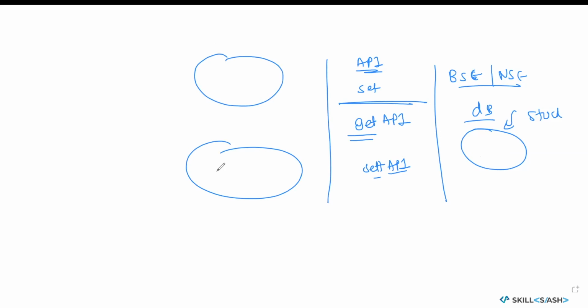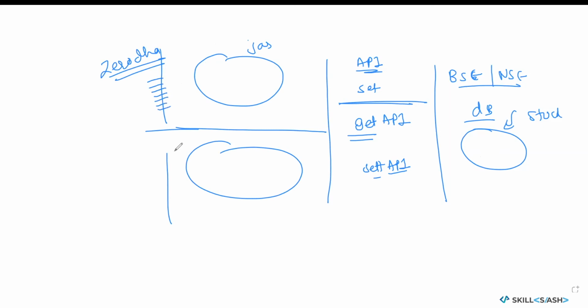So some methods you have given to your downstream, in the sense someone who is using them. Let's say Zerodha: you have given this jar to them, and you have given documentation saying these are the methods that you can call.